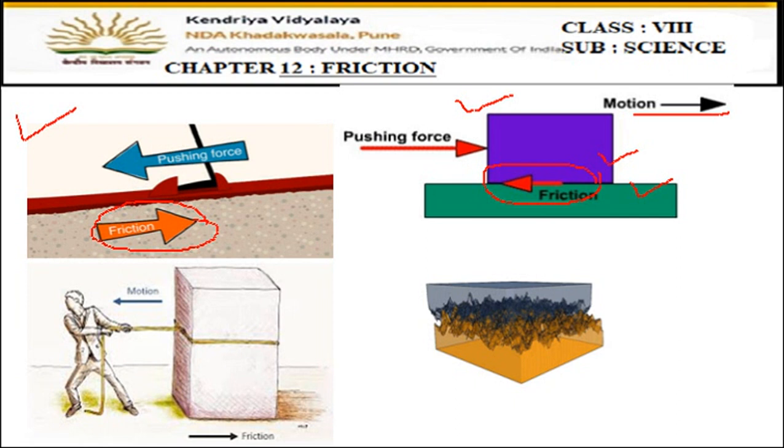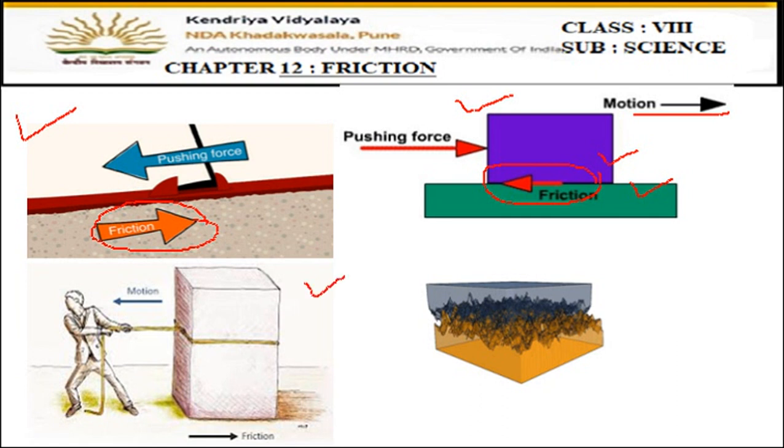So friction is acting between the two surfaces. Friction is the rubbing, or the coming in contact, of two surfaces. When the two surfaces come in contact with each other, there is always rubbing against their surfaces, which gives rise to the frictional force.